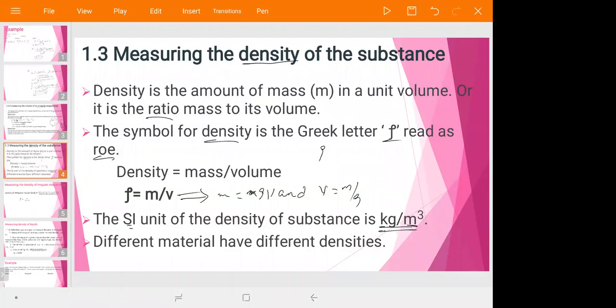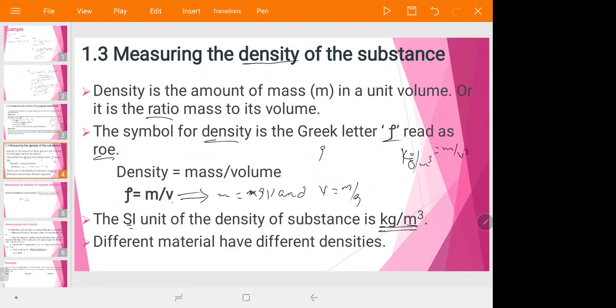We get kilogram from mass, and the meter cube is the SI unit of volume. So kilogram per meter cube is mass over volume.